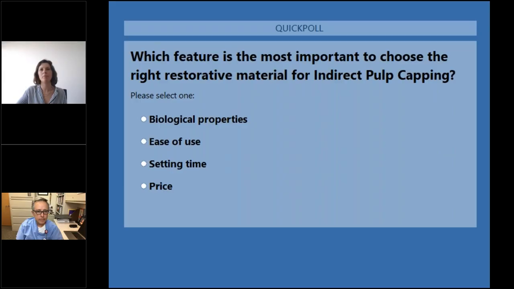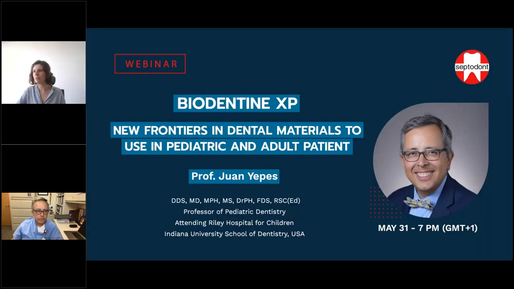So please answer. Thank you. So 10 seconds left, and then I will show you the results. Perfect. Thank you. I will close the poll. We share the result right now with you.